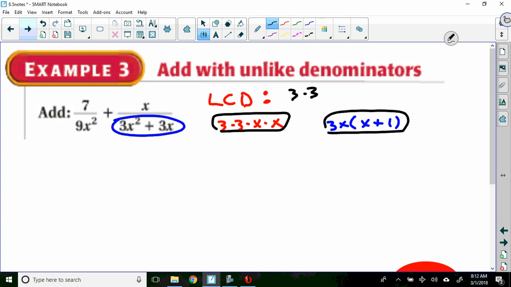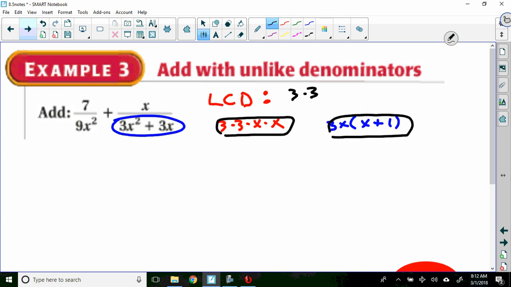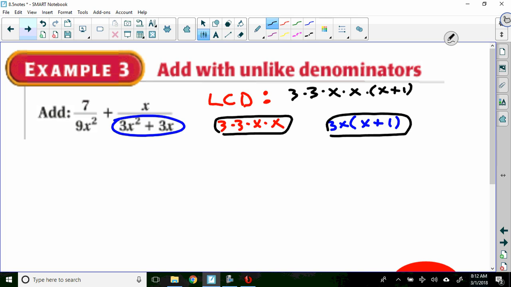It looks like I'm going to have at least an x in it. Or do I need 2? I've got to have 2, because the one on the left has 2 of them. So I'm going to need an x and an x. And then that 3x times x plus 1 has an x plus 1 in it, and I've got to represent that. So my least common denominator is going to be all that.